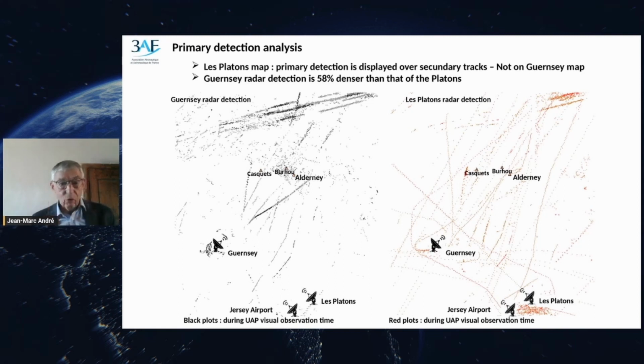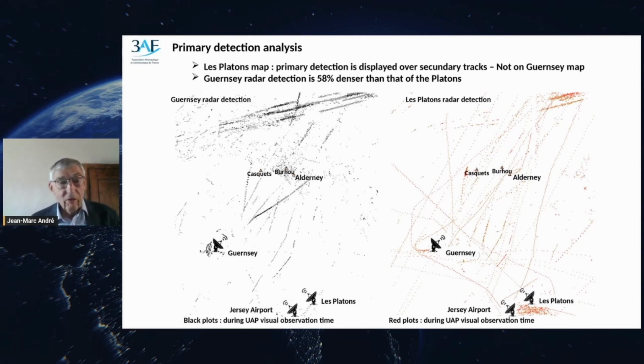If we compare the two detection maps, we can see surprising differences which make the UAP investigation uneasy. On the right map, we can see Les Platons primary radar detection plots which are superimposed on the secondary plots. We can see the local flights such as AL544 and other ones. They correspond, which is absolutely normal, to the secondary detection we have seen already.